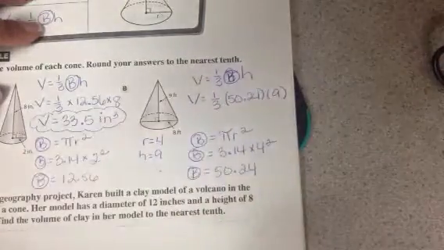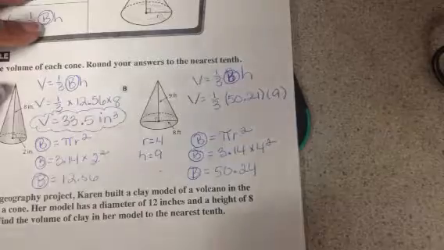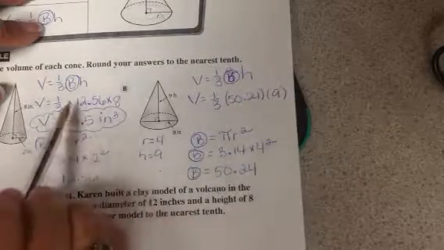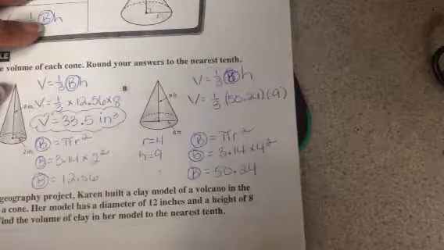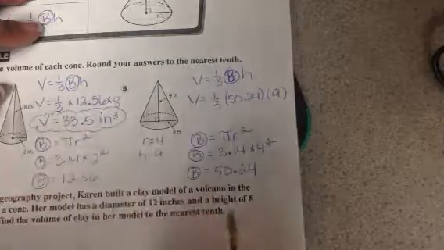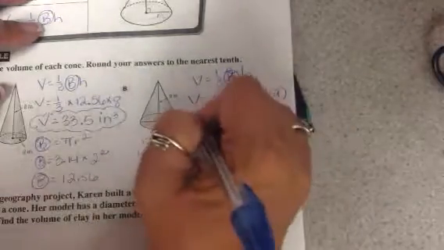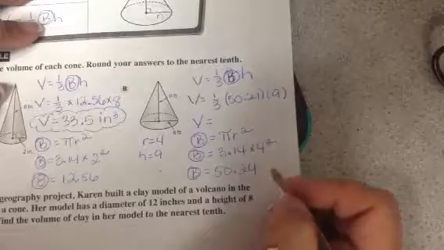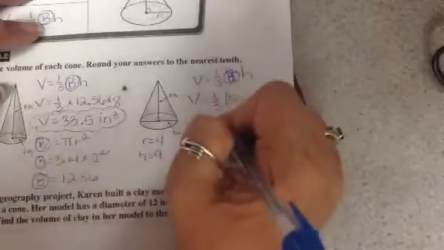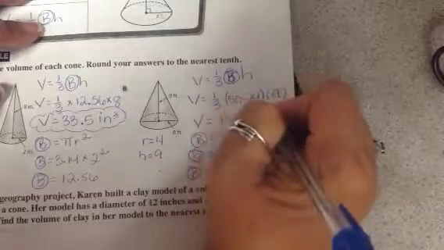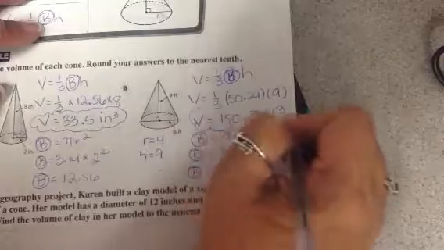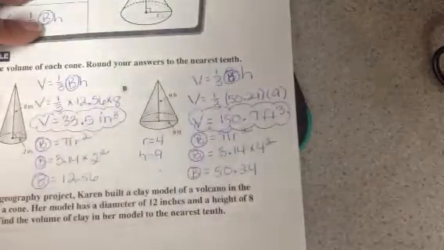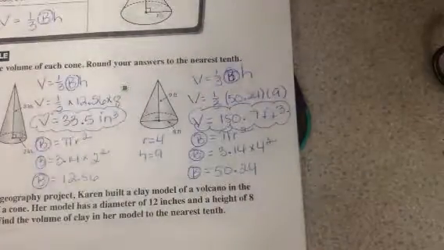I wanted to show you that both ways. You can do it either way. I don't care. I know some people look at this x over here and they think it looks more like an x than it does a multiplication. So either way. If you put that in your calculator, it's V equals 150.7 feet cubed. And that is your answer for that one.